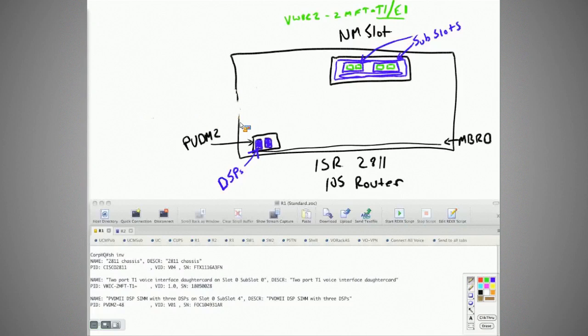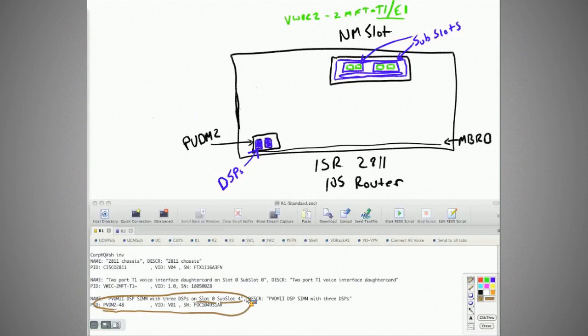Okay. So we're taking a look mainly at the PVDM and specifically slot 0, subslot 4.